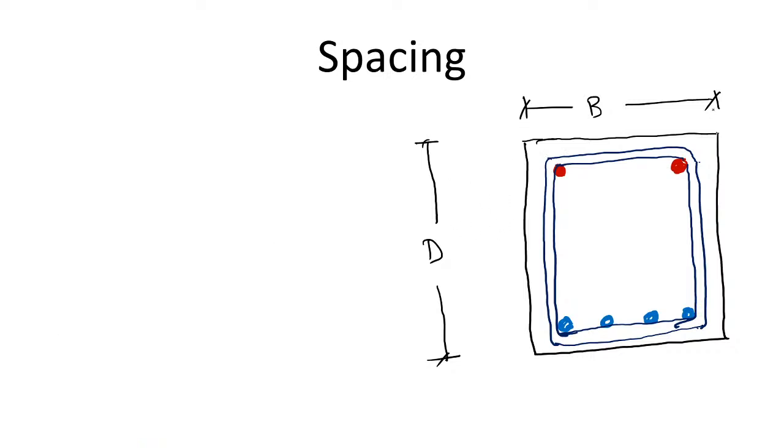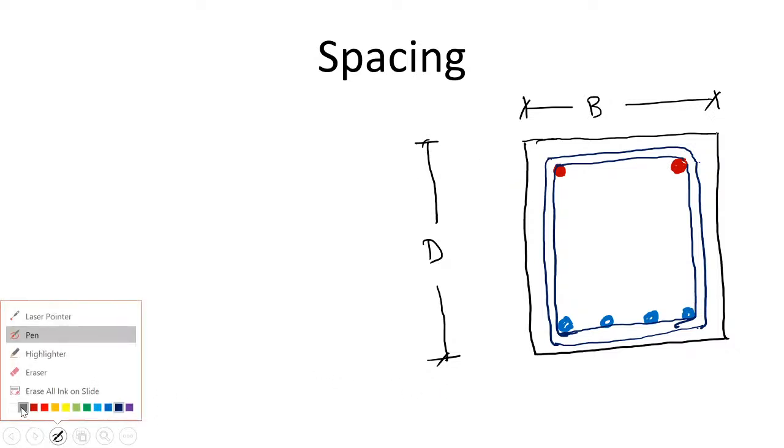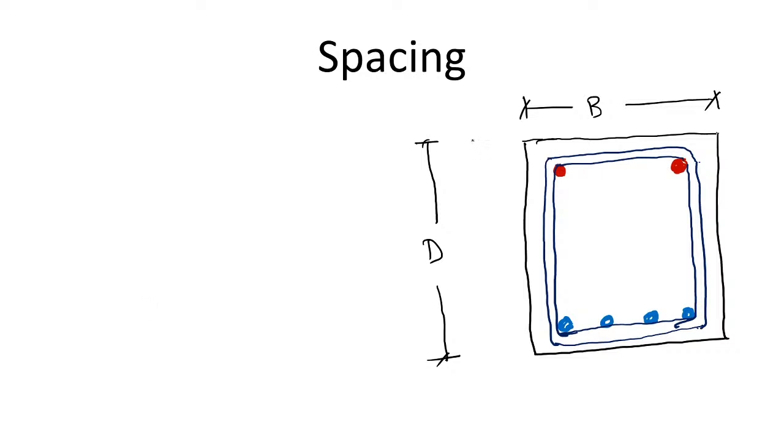See, this is overall width capital B and it is overall depth capital D. And from here to here, this is known as effective depth. All of you know, up to the CG, it is known as your effective depth.